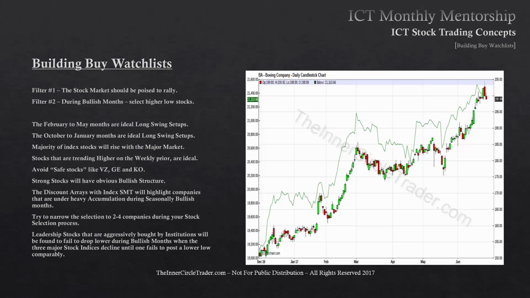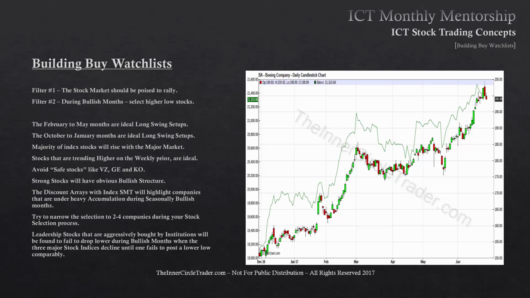So if they expect seasonally that February into May generally sees bullishness, the Dow Jones created a lower low in the month of January, but the share price of Boeing was unwilling to go lower in January, so it diverged bullishly. Notice that it gapped up in January, and then that gap was closed in the second trading day of February. Discount array. So we had that fair value gap, traded down, closed into it, and then rallied away.